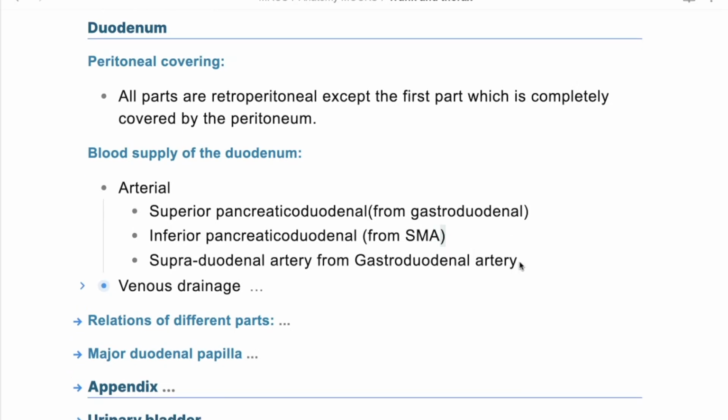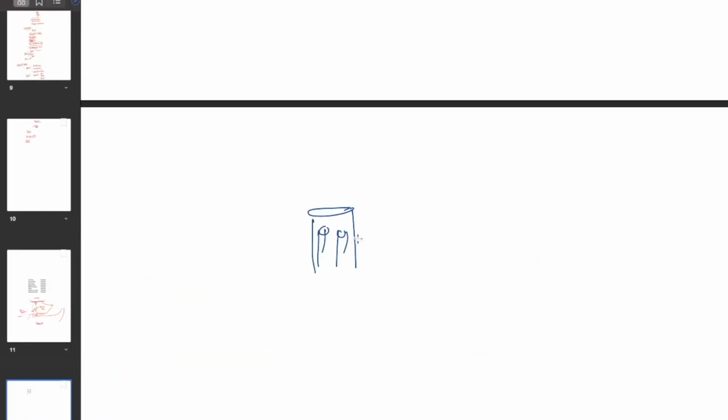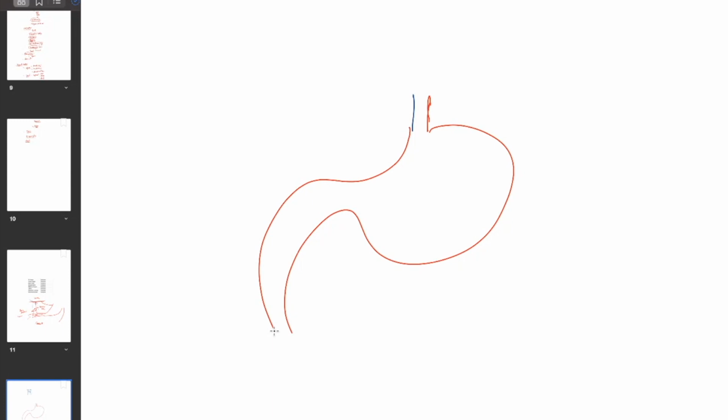gastroduodenal artery. Well, yeah. So to be honest, let me explain this to you a little bit on this side. So let's say if this is the stomach, and you have here obviously the celiac trunk, it will give loads of branches.